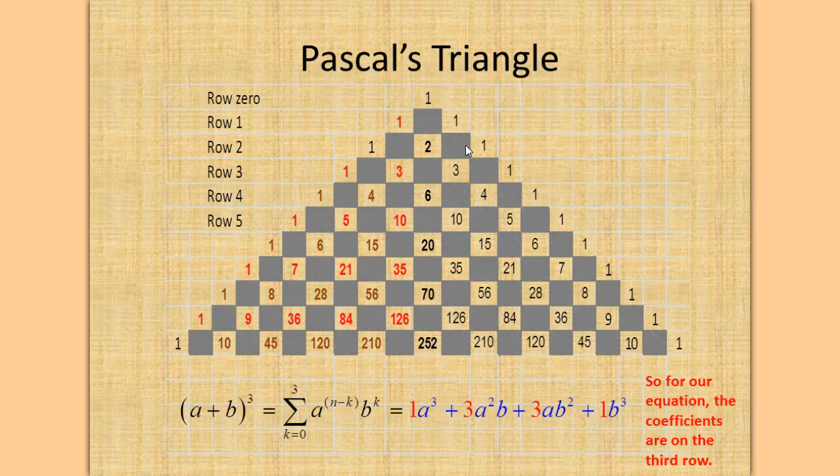And we see that it is the same as Pascal's triangle. So for our equation, the coefficient is on the third row, because we have our binomial raised to the power of 3. If the binomial was raised to the power of 5, we'd be on the fifth row here.